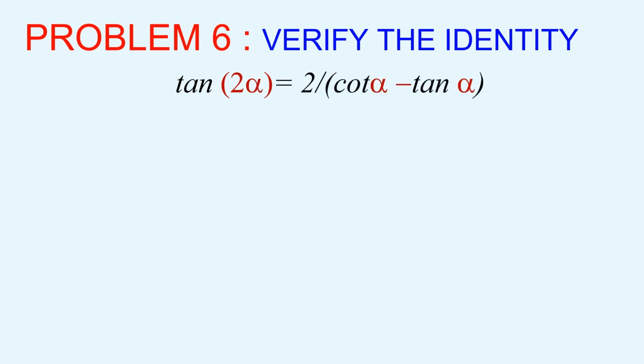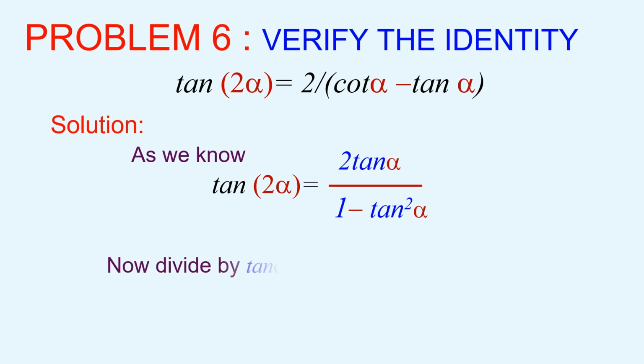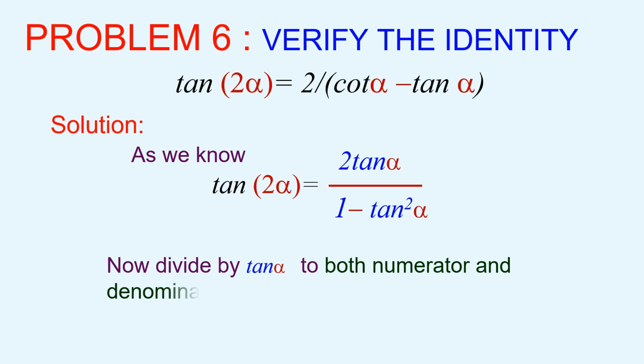Solution to the problem 6. Verify the identity. Tangent of 2 alpha equals 2 divided by cotangent of alpha minus tangent of alpha. As we know, tangent of 2 alpha equals 2 times tangent of alpha divided by 1 minus square of tangent of alpha. Now divide by tan of alpha to both numerator and denominator.